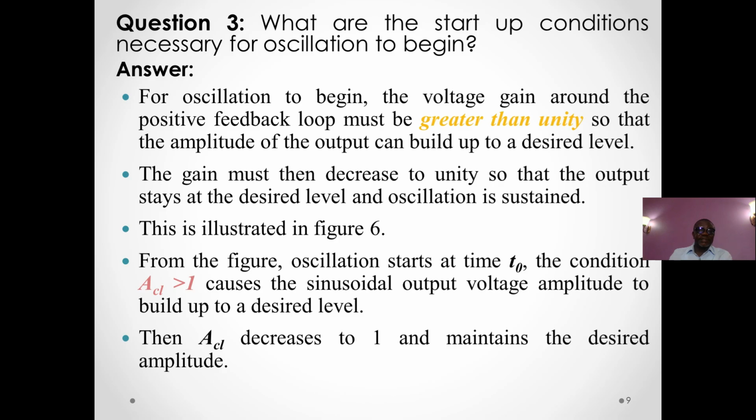Then, as this closed loop gain decreases to unity, when it comes to unity, the amplitude of the output remains the same, and that will now be your oscillation taking place at a desired amplitude.